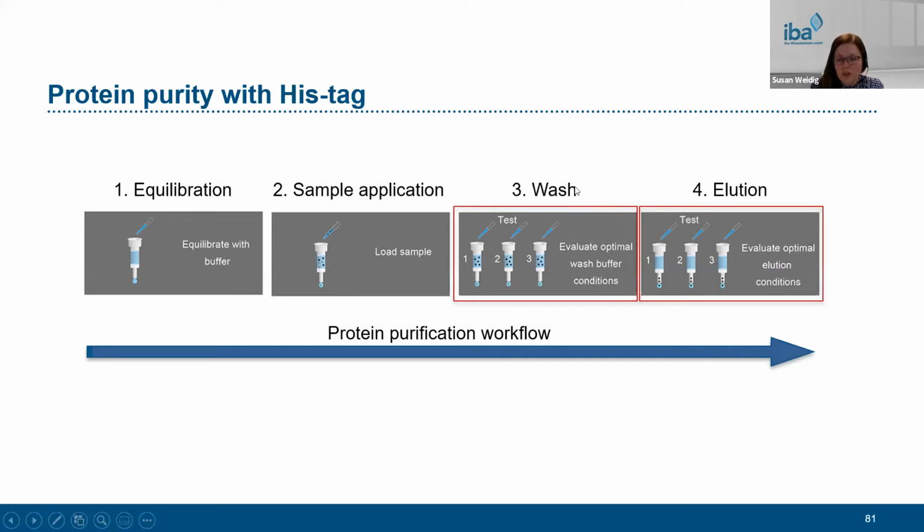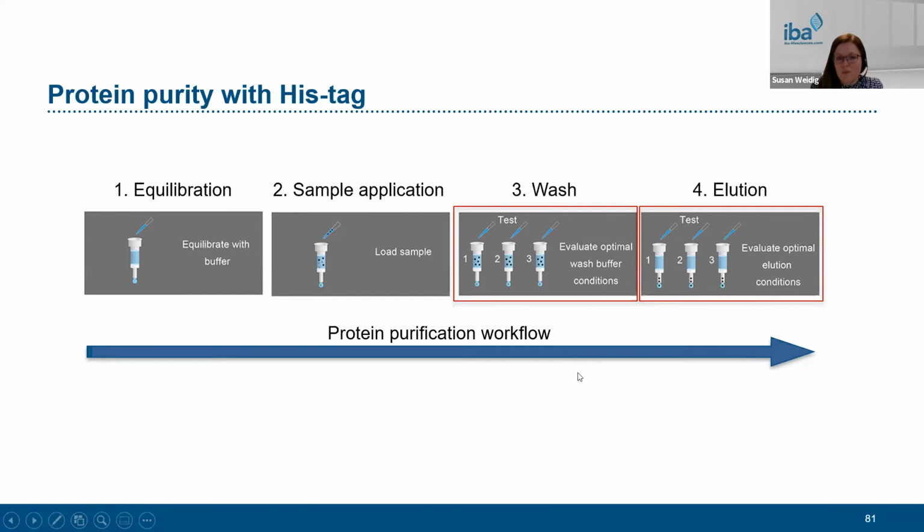During the wash and the elution, imidazole is added in different concentrations. So for this optimization, you have to titrate the imidazole concentration for the wash fraction and elution fractions to separate the unspecifically bound proteins from your target protein with the his tag.